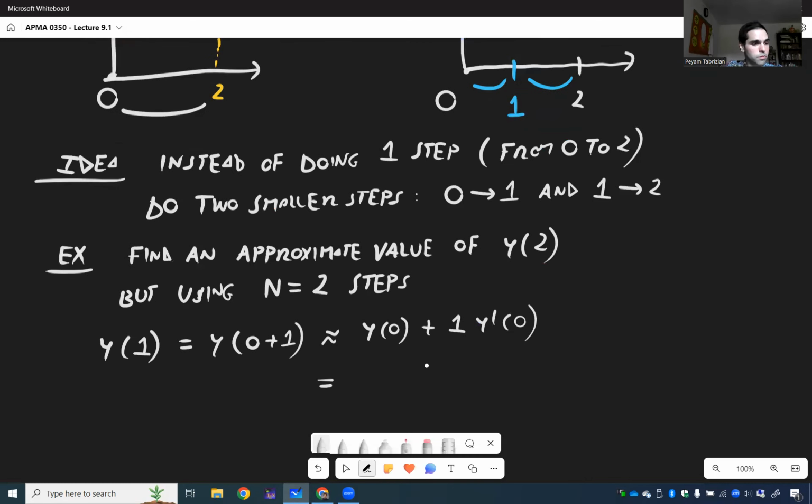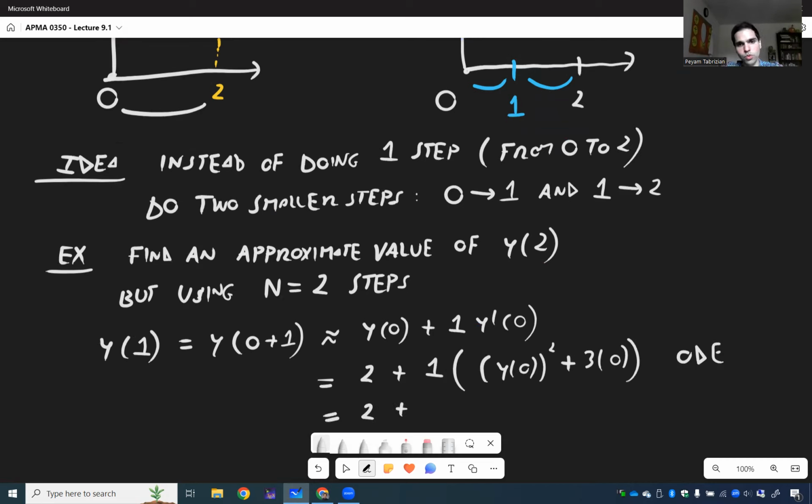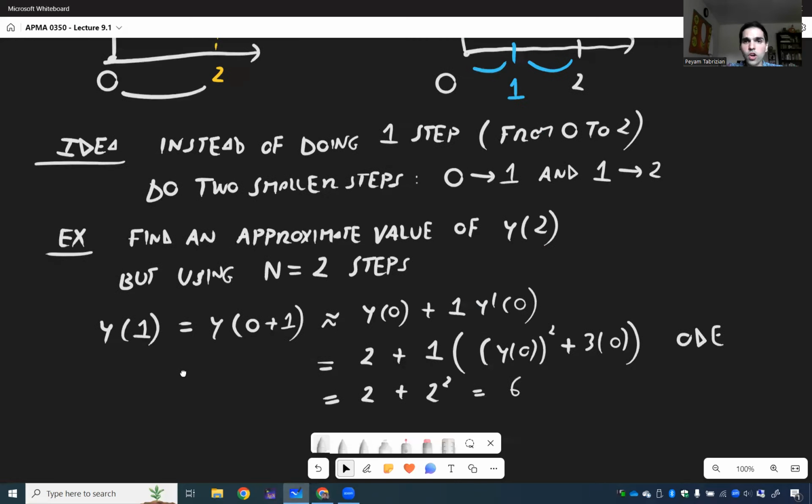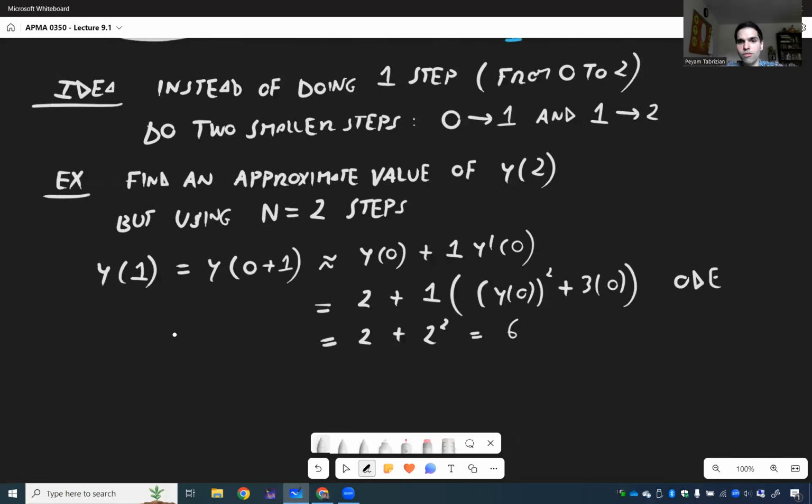So this becomes, again, by the ODE, 2 plus 1 times y of 0 squared plus 3 times 0. Here we just use the ODE. And this becomes 2 plus, I believe, just 2 squared. And that becomes 6. So this is our approximate value of y of 1.